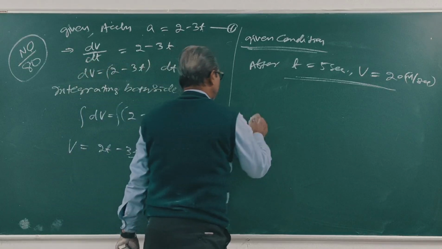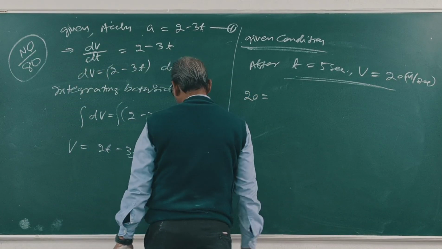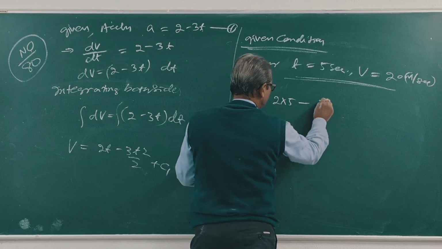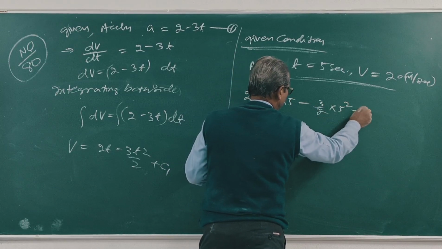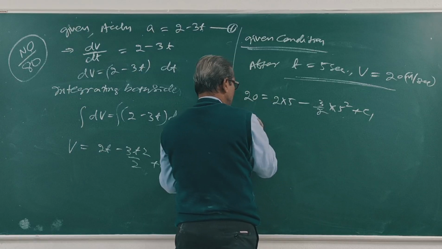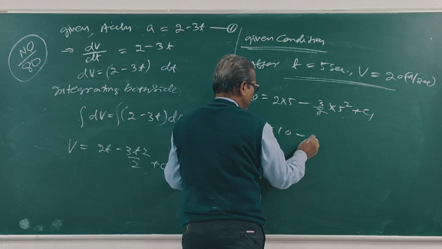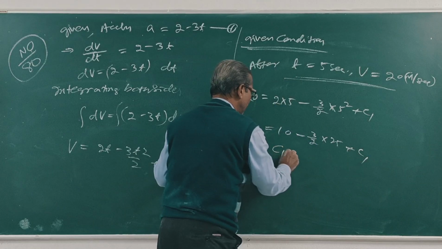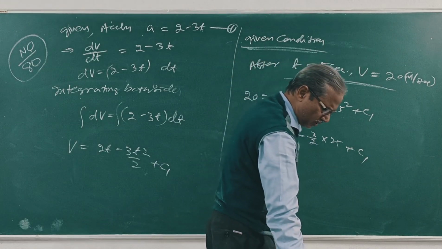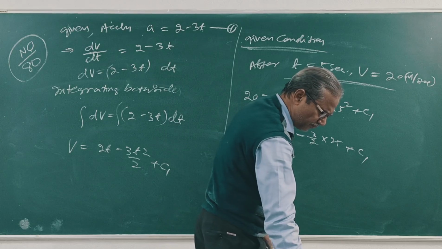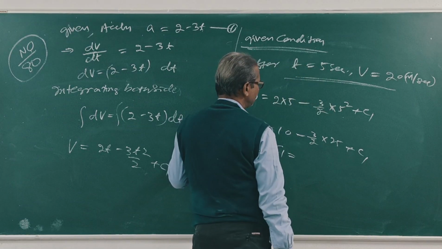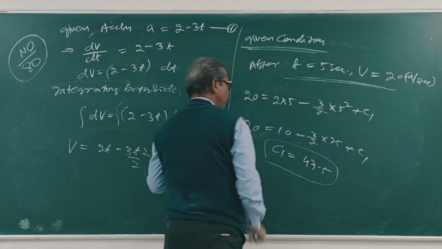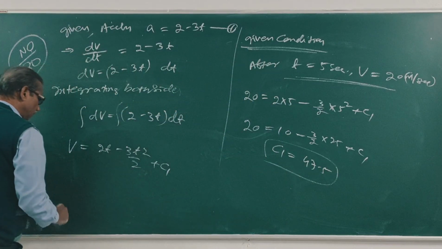So 20 = 2 into 5 minus 3/2 into 5² plus c1. So 20 = 10 − 3/2 into 25 + c1. Solving, c1 = 47.5.